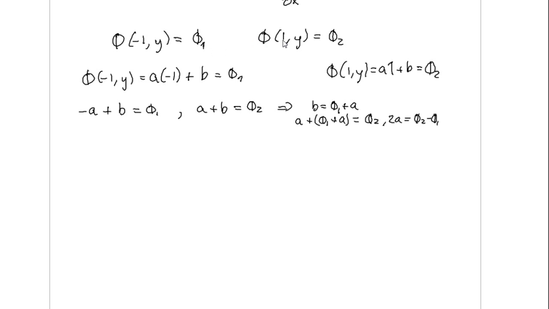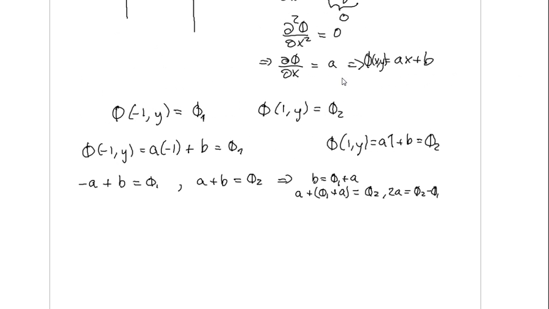Similarly, on the other side, for x equal to 1, this function phi should be equal to phi 2 for every y. If we now insert this into the general expression we have here, it's easy to do.